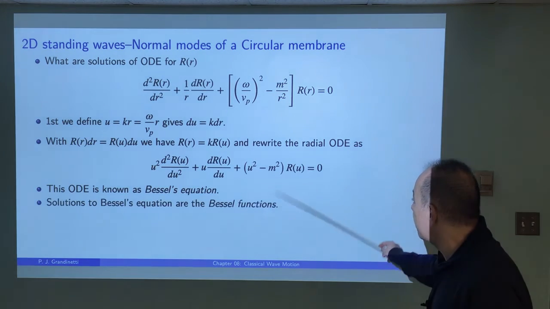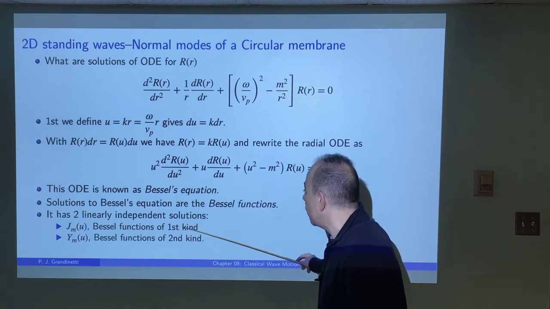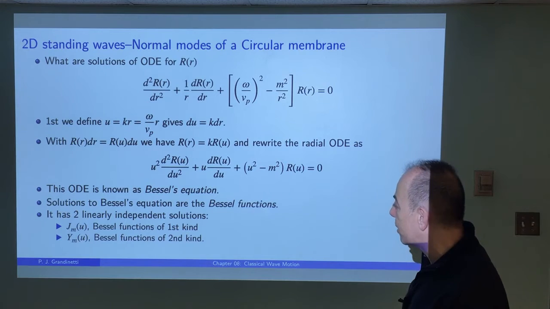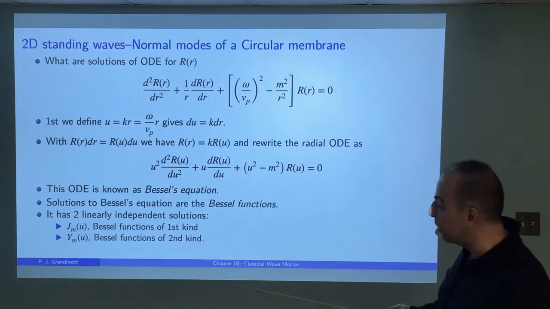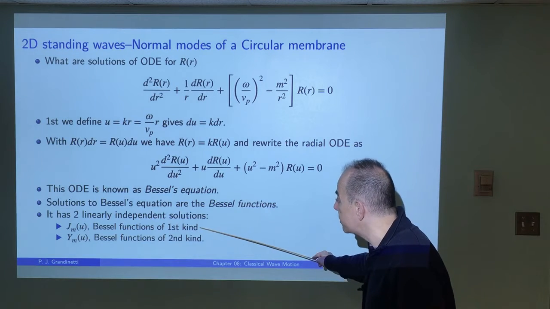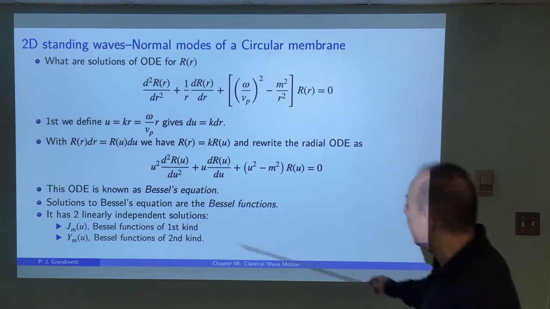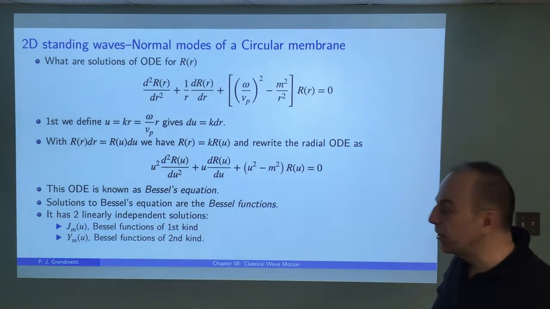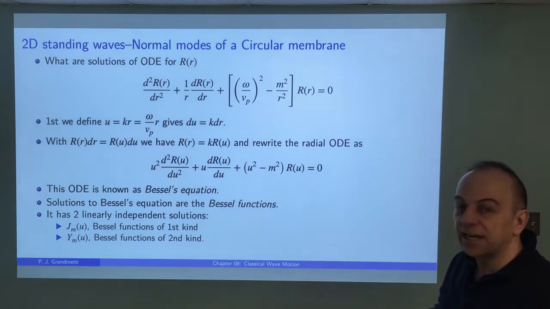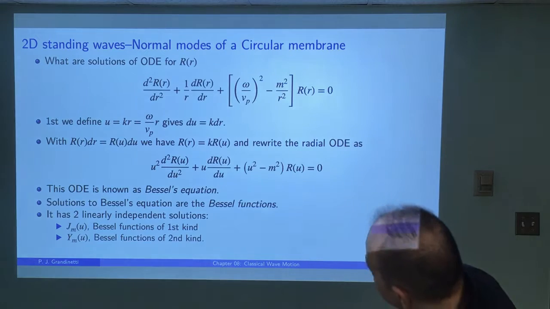There are two types of solutions: Bessel functions of the first kind and Bessel functions of the second kind. For this membrane problem we'll only need the Bessel functions of the first kind, not the second kind. These solutions are all worked out, so all we have to do now is look at them, get an understanding of how they work, and then move on to solving our wave problem.